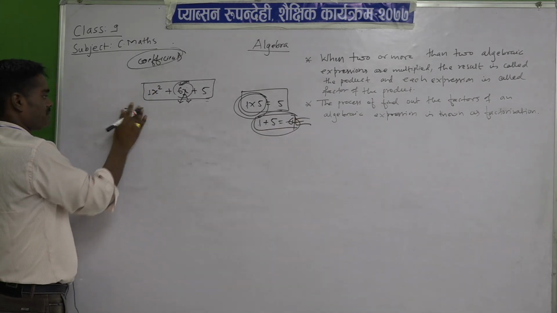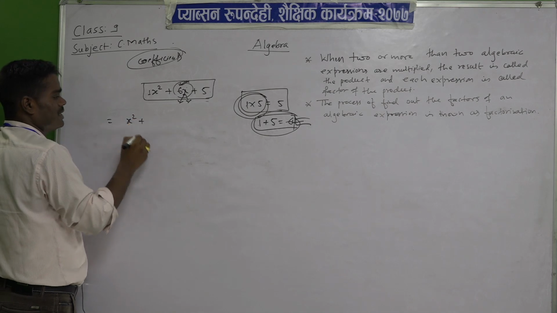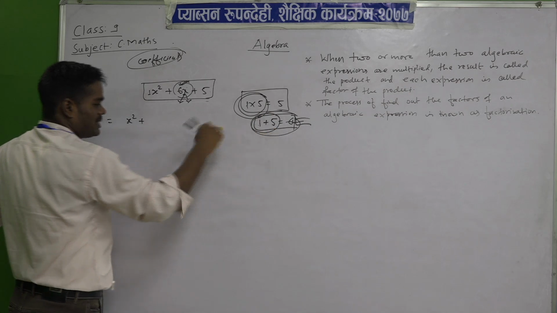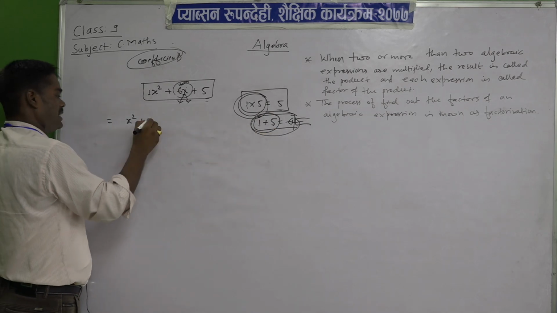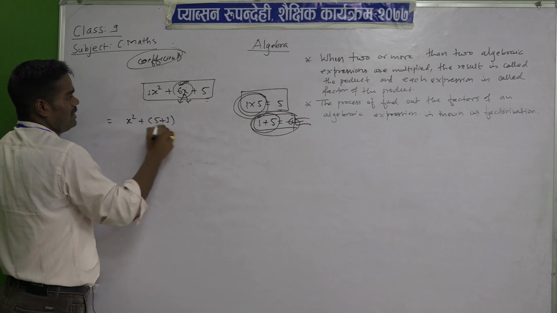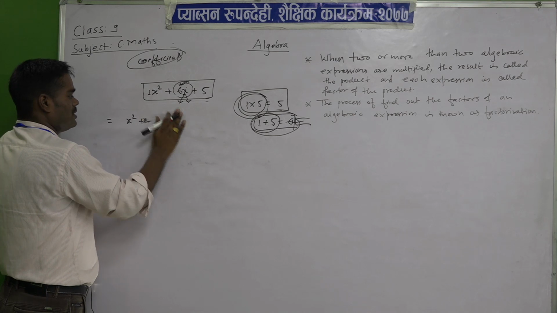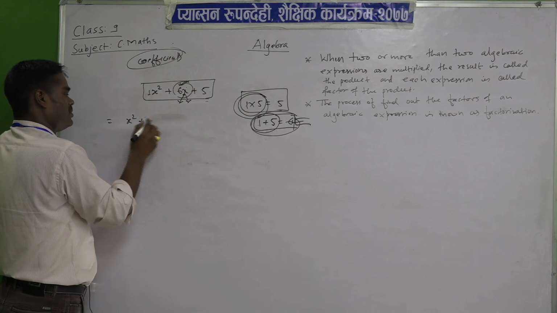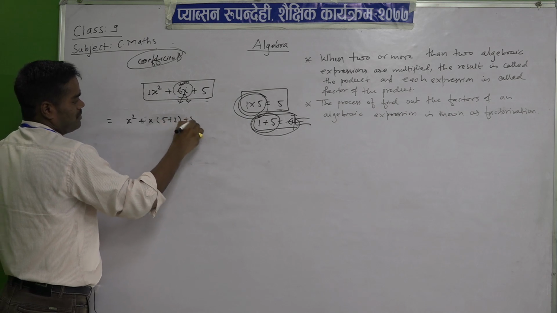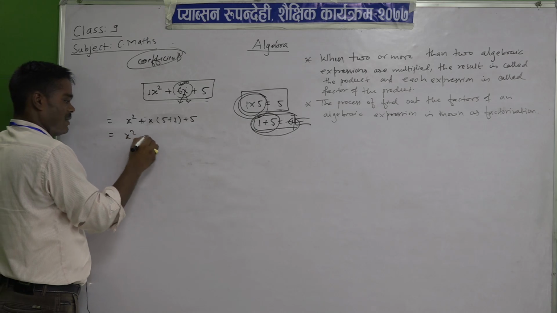Then after, here being a plus sign, we have added 1 plus 5, which means 6, so it is valid. Now after this, x square plus, you have to write these two, the greater number first and the smaller after that. So x square plus 5x plus 1x plus 5.